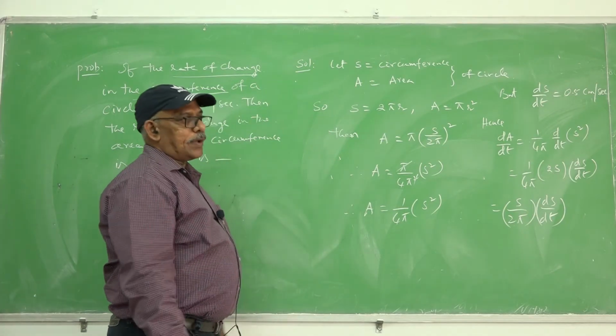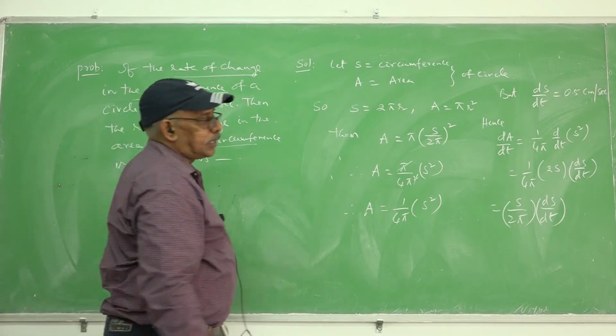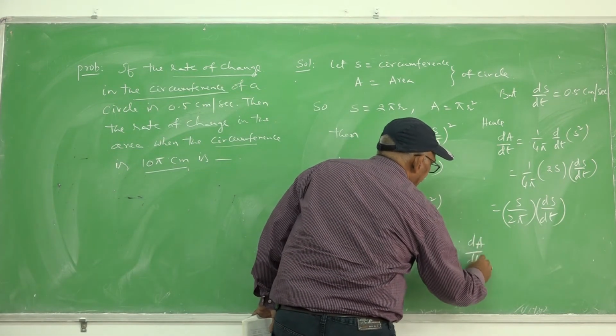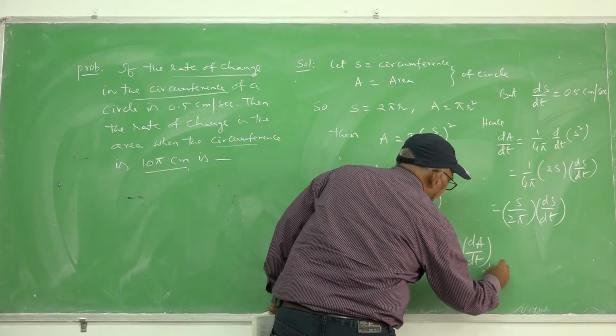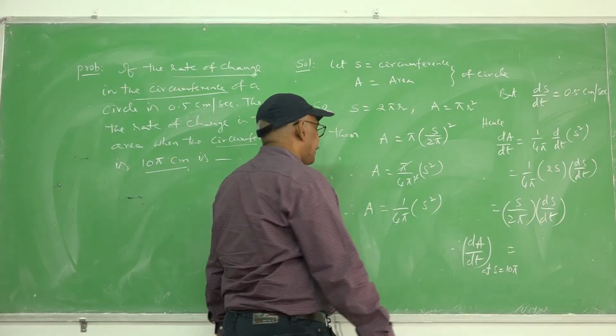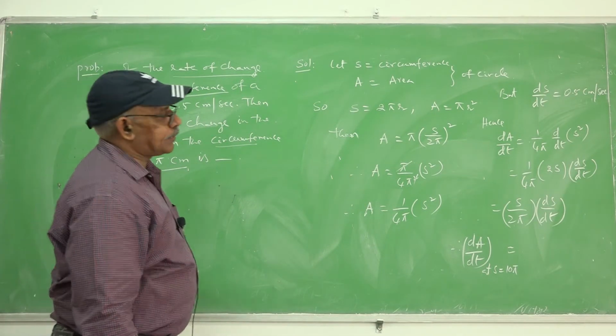Now this should be evaluated when the circumference is 10 pi. That means dA by dt at S equal to 10 pi centimeters.